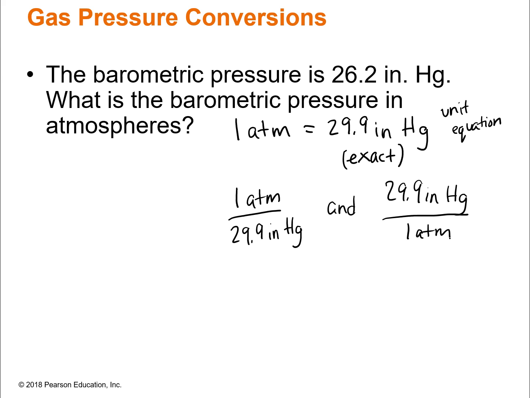So we'll have to use one of those to convert from inches of mercury to atmospheres. Which one am I going to use? If I want to figure out the number of atmospheres, am I going to use A or B? Yeah, we're going to use A.